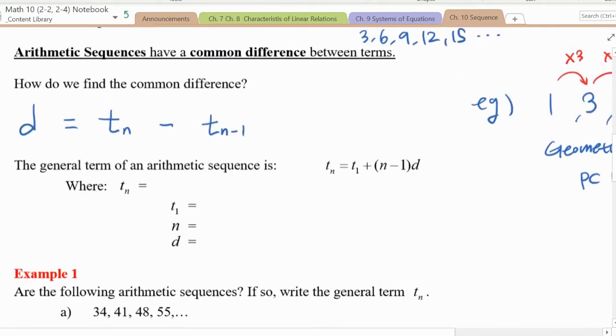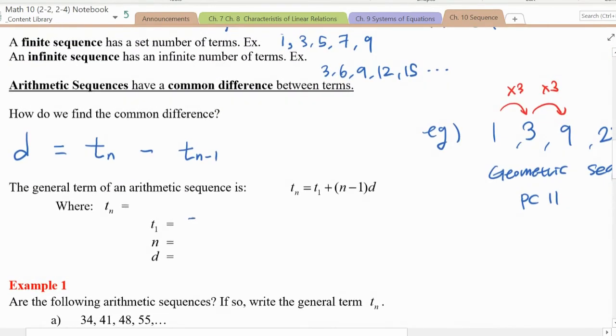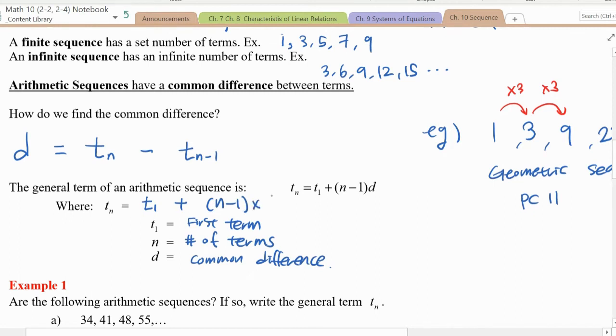Here, T1 is the first term, n is the number of terms, and D is the common difference. So for the general term, you add the first term plus n minus 1 times the difference, all right?